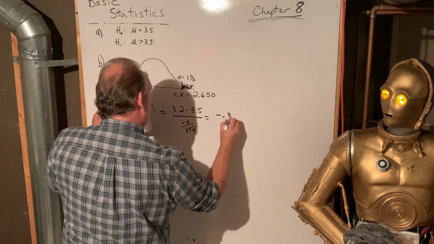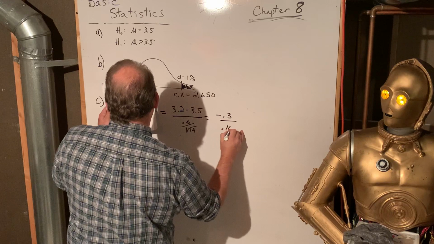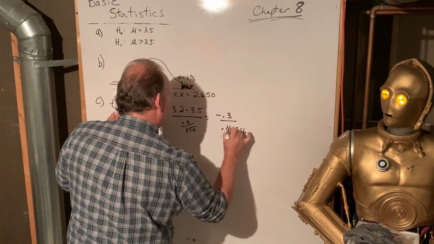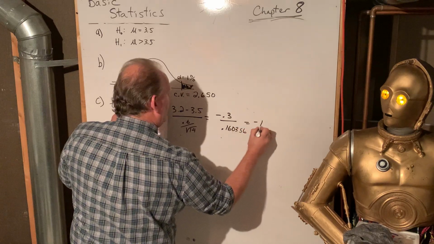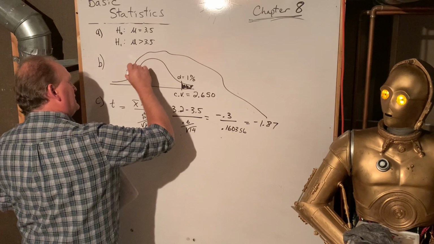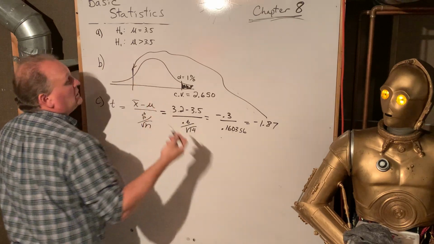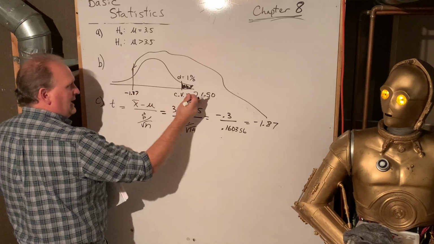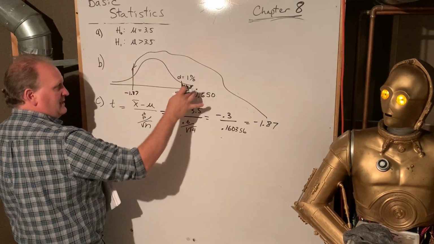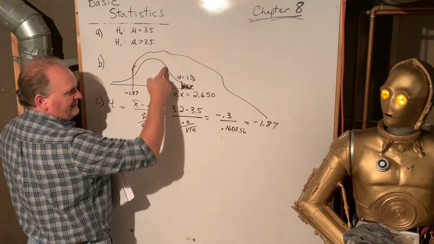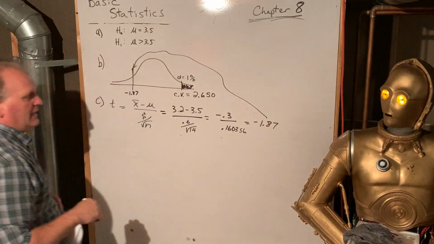So negative 0.3 divided by 0.160356, and negative 1.87. That is almost 2 standard deviations below the mean. Definitely not above on this end. So not even close. Even if it was positive, it still would have missed it.